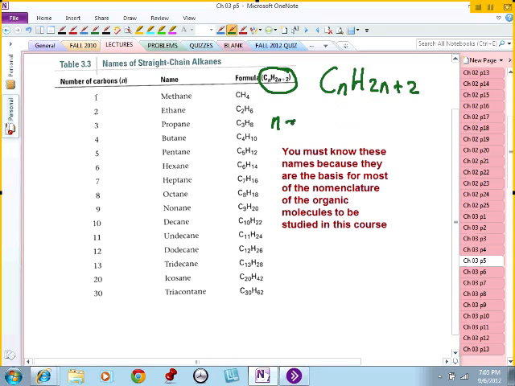And the n here equals the number of carbon atoms in the molecule. For example, propane has 3 carbon atoms, and the formula is C3H8. That is CnH2n+2.